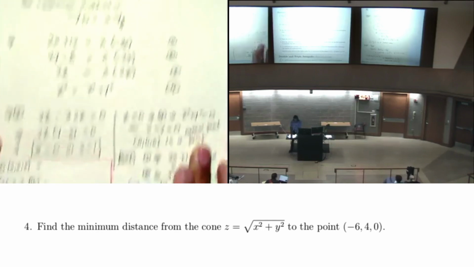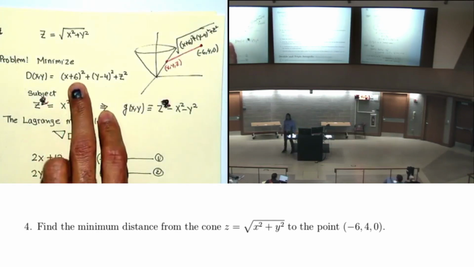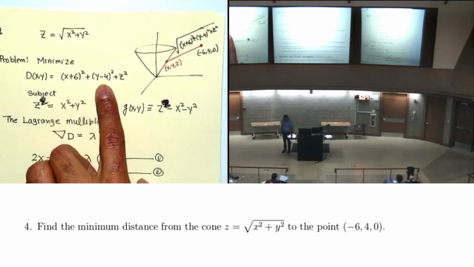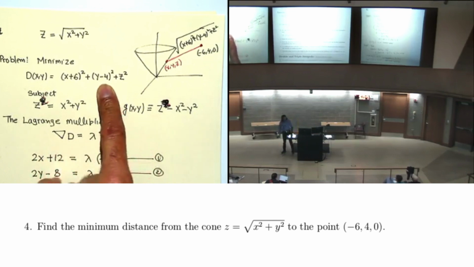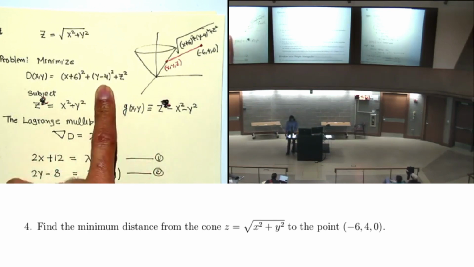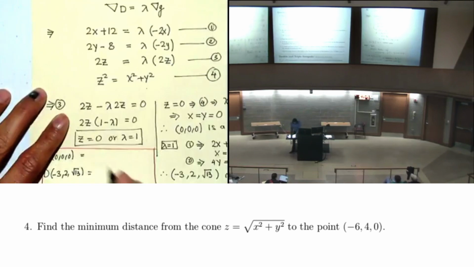If I plug in 0, 0 here, 6 square is 36, 36 plus 4 square is 16, 36 plus 16 is what? 52, 52 plus 0, 52. Okay, this is 52.